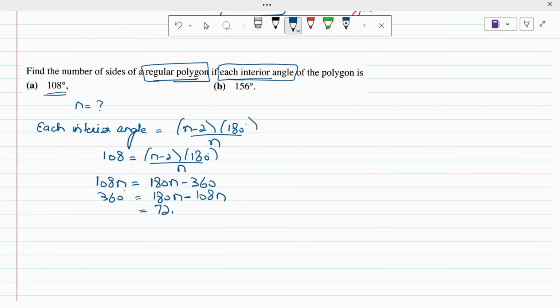So 72n is equal to 360, and n is equal to 360 upon 72. We are getting this as 5.